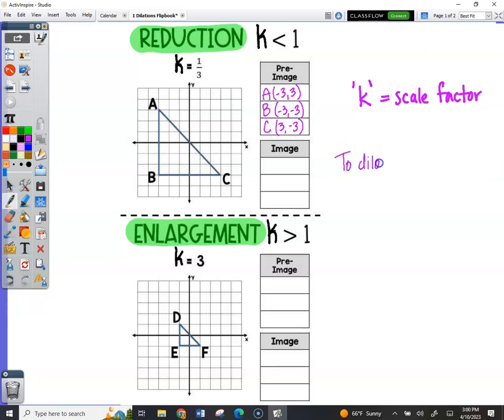To dilate, I don't know if you want to write this at the bottom of your notes on the notebook paper or wherever you have room. To dilate a figure, multiply each coordinate point.